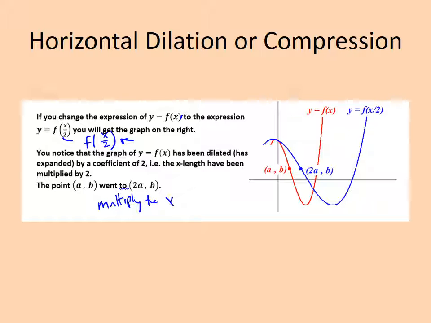Multiply the x-coordinates by 2. And since we're taking the x-coordinates and multiplying them by 2, we're expanding horizontally, or we're dilating horizontally. So if you take your A, and inside it says divided by 2, you're going to do the exact opposite, which means you're going to multiply by 2.